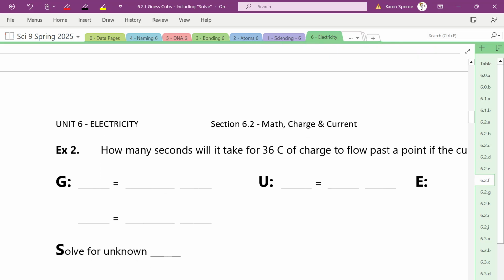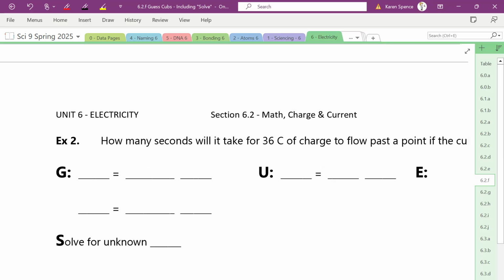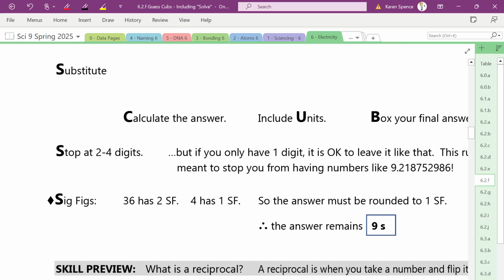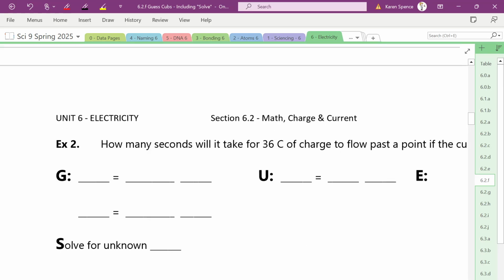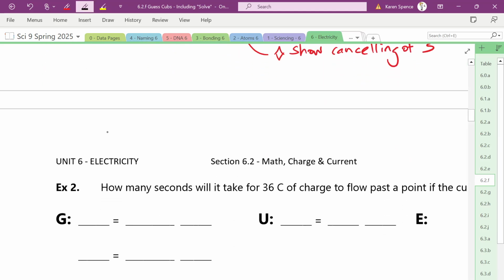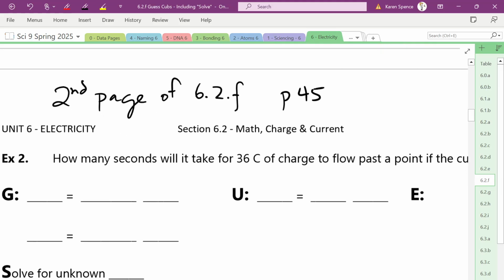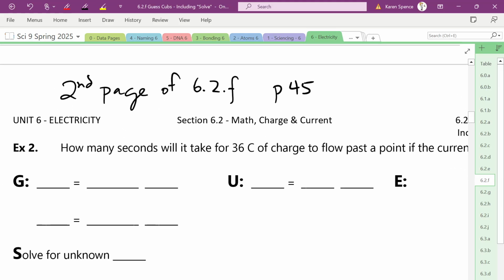Would we like to do another example together? Okay, this one is on page 45. It is the second page of 6.2F. In this case, what is our given?